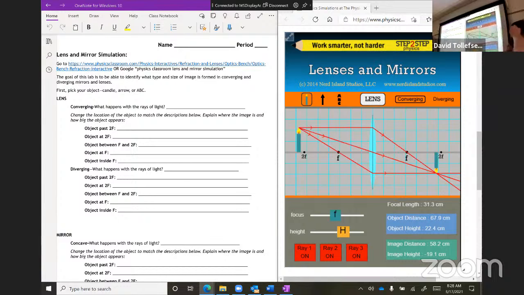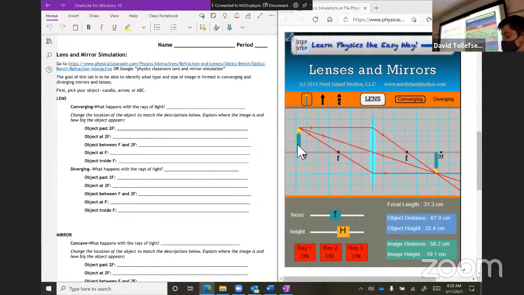So let's go over the simulation. At the start, we had a converging lens. Your lens was on and you hit converging. You have your object and you're trying to explain the image that appears. What do you notice about the light rays on a converging lens? What happens to them after they go through the lens?